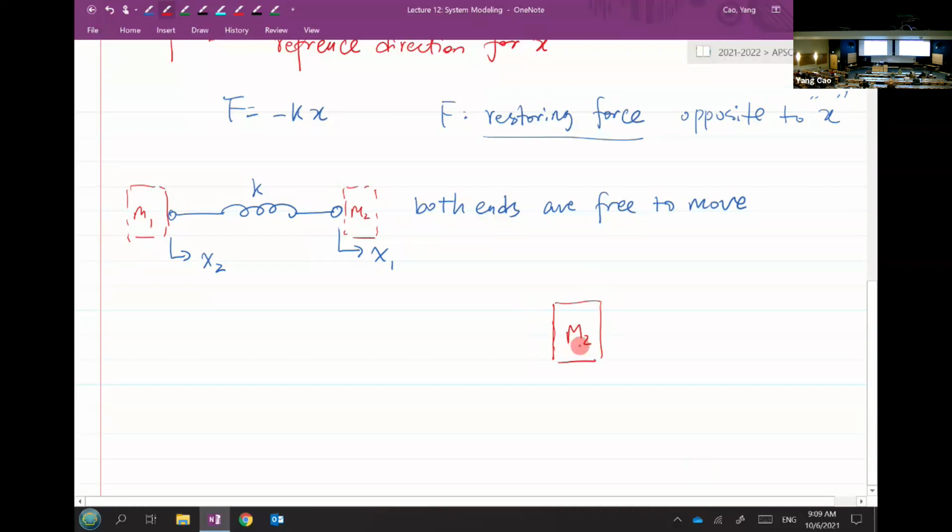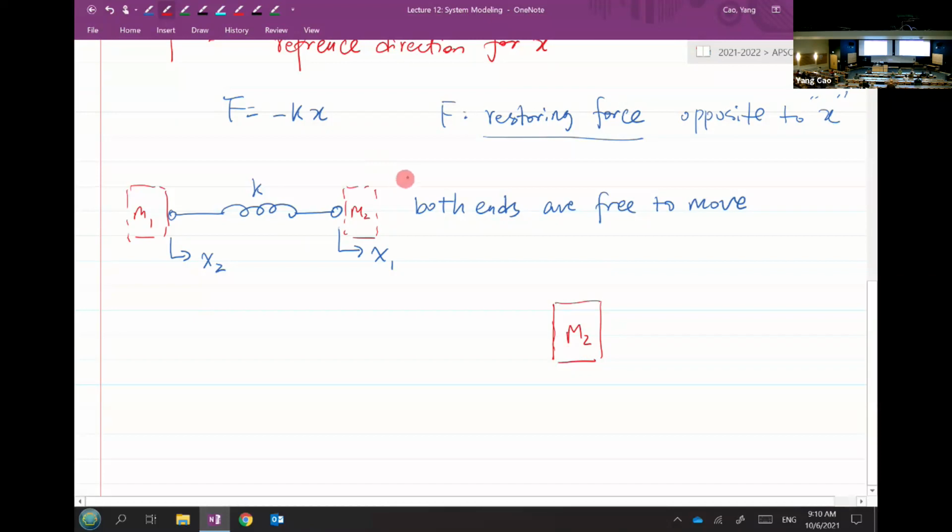We need to get the total external force and then apply Newton's second law. So let's say I have M2 attached over here. What would be the external force acting on this M2?